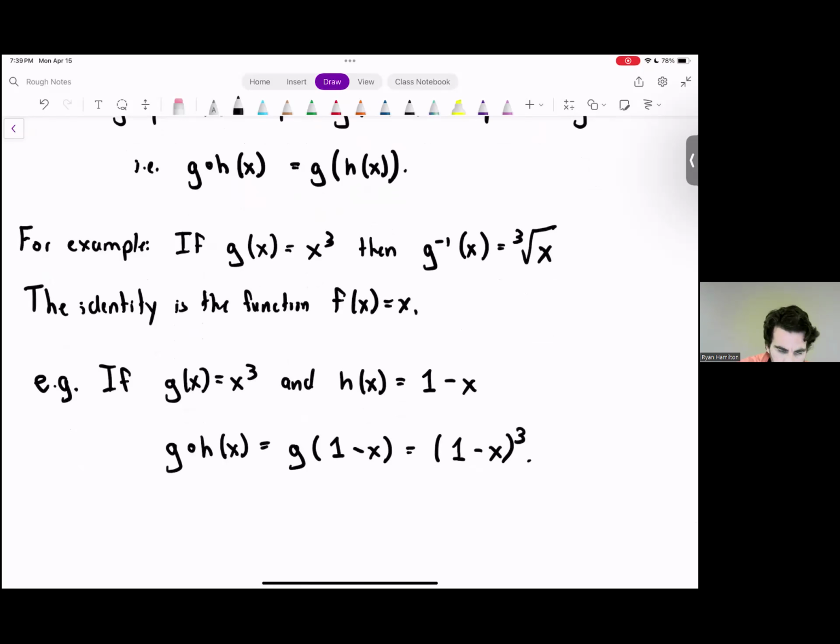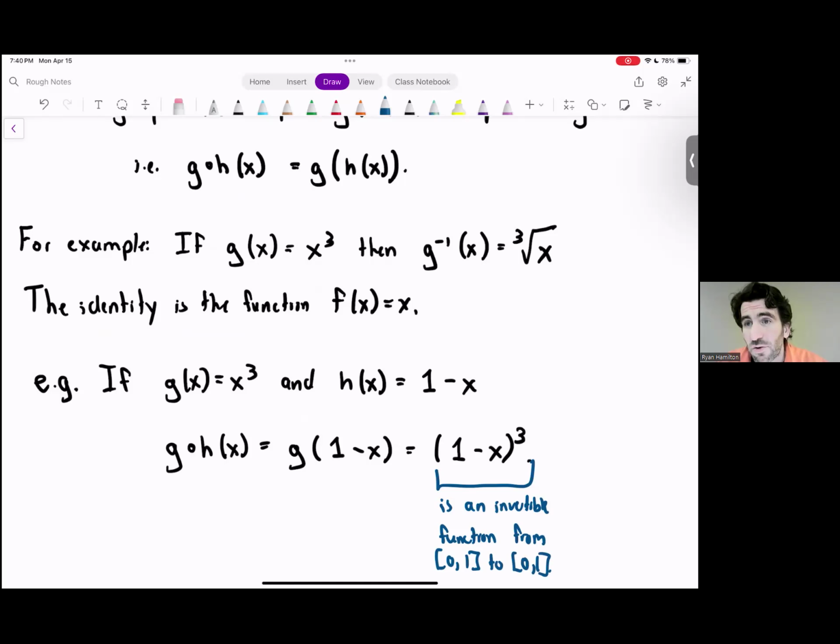This again is an invertible function from 0, 1 to 0, 1. Okay, so how big is this group? Well, it's infinite. It's so big that saying that it's infinite almost doesn't even do it justice. We have different categories of infinity in mathematics, and this one's a pretty gigantic one.